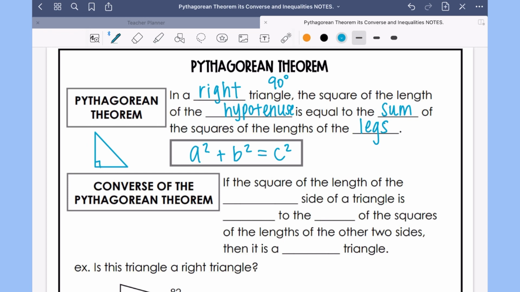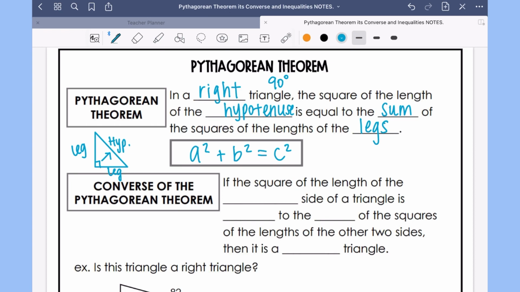The hypotenuse is always going to be the slanted side, and it's always across from the 90 degrees. So this is the hypotenuse right here. And the legs are just the other two sides. We just use the word legs a lot when we're talking about right triangles.